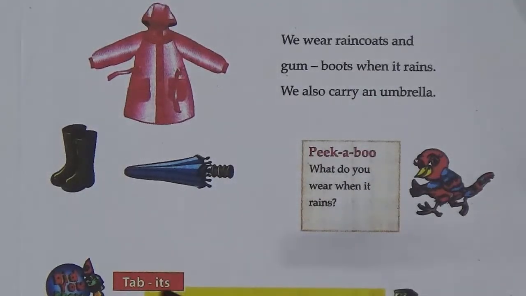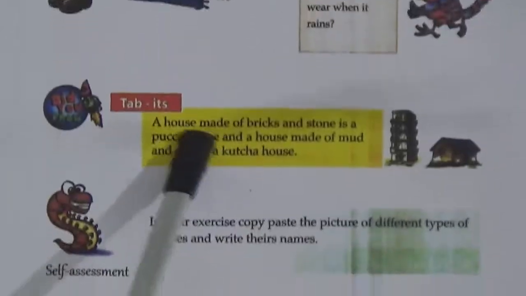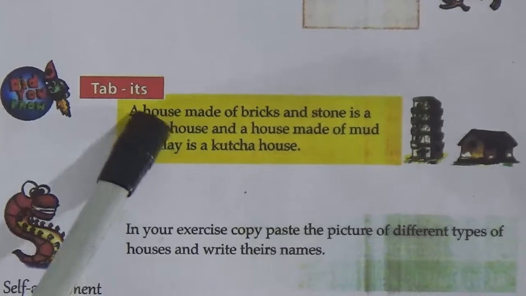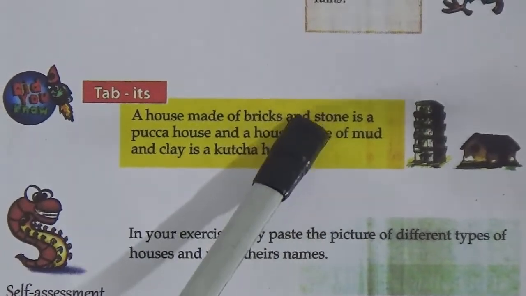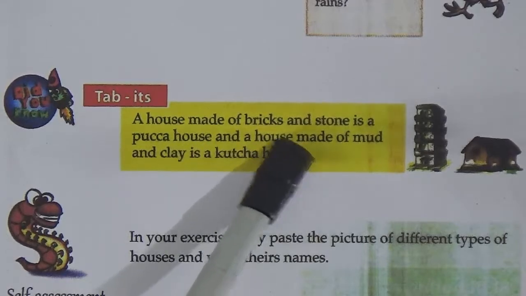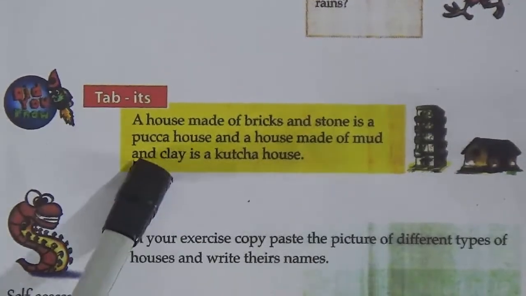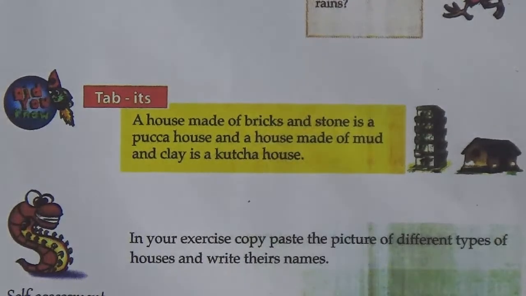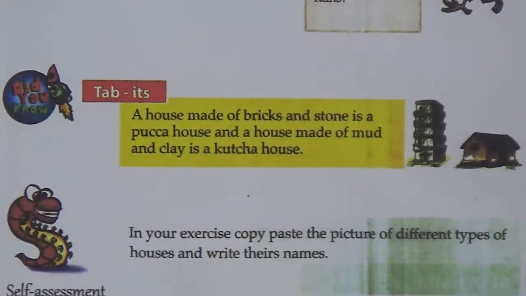Now look at these points that you have to know. A house made of bricks and stones is a paka house, and a house made of mud and clay is a kacha house. Now these points you have to remember.